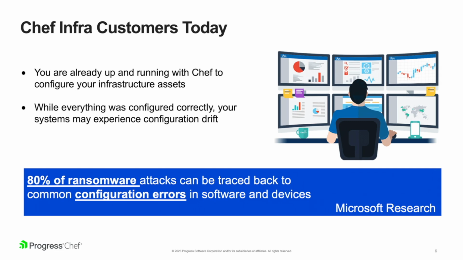So I believe most of you on this call today are Chef Infra customers, using Chef Infra to configure all your infrastructure assets with an infrastructure as code approach. While you're managing configurations effectively, there is always a fair chance that you may experience configuration drift. There could be many reasons for the drift.